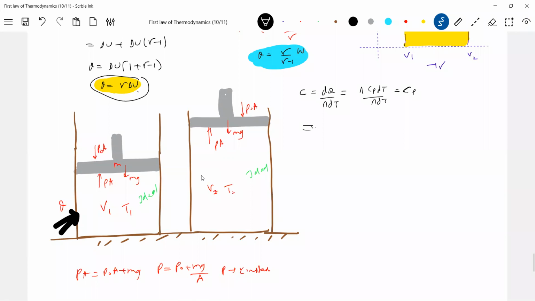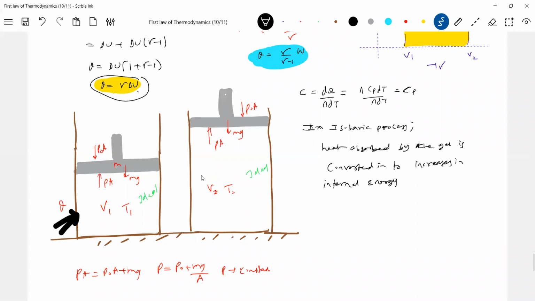In an isobaric process, what does the gas do? In an isobaric process, heat absorbed by the gas is converted into increase in internal energy of the gas and mechanical work done by the gas. T2 must be greater than T1, definitely.